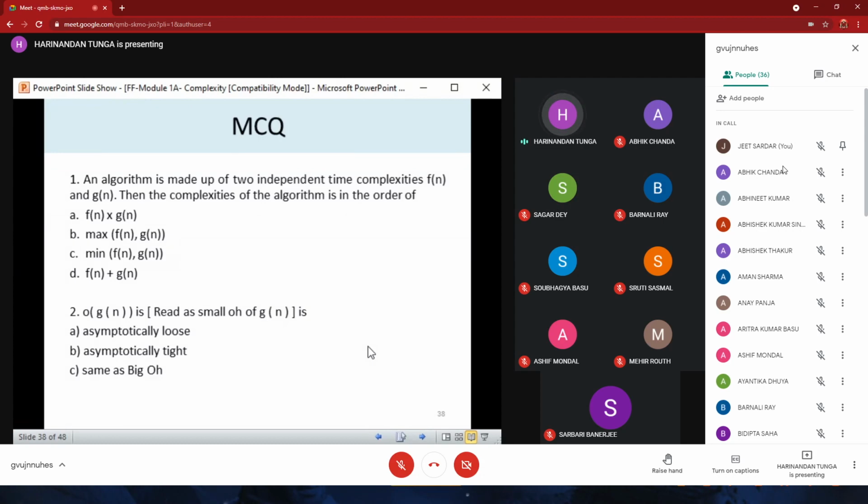আমরা করেছি আগের দিন দেখিয়েছিলাম সেই if else এর. The second one, কে বলবে second one এর অ্যানসার?